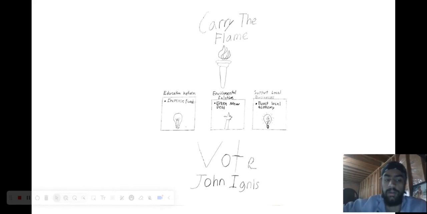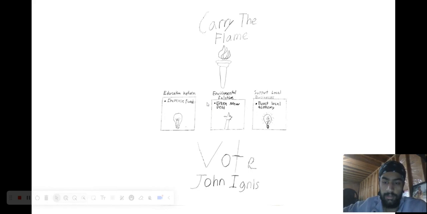The idea behind this was essentially to give the viewer almost like a prompt to do their part in society, make their contribution. And I have a torch because I think that's a symbol that is universally understood by a lot of people, and I think it makes sense with the design and the imagery.